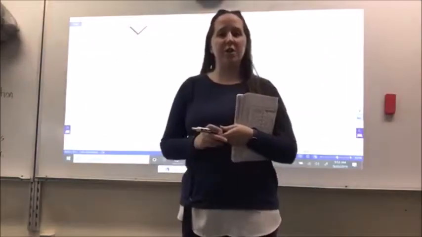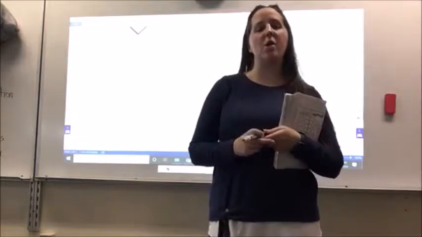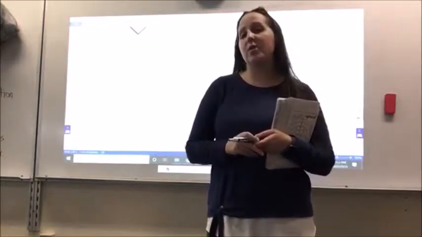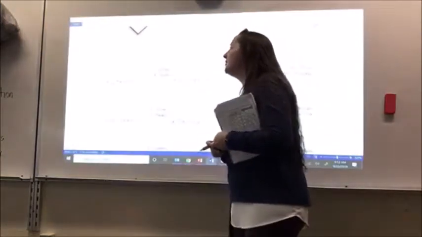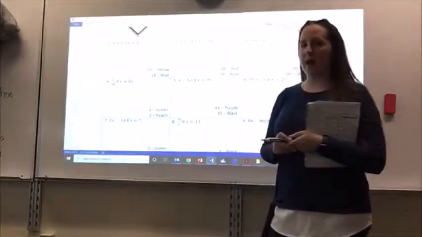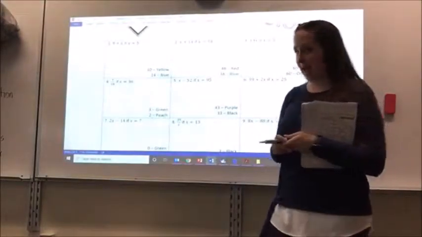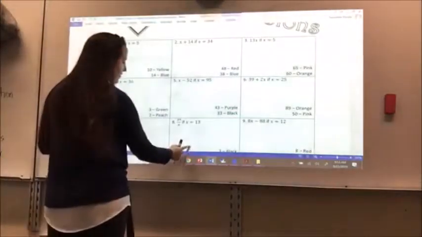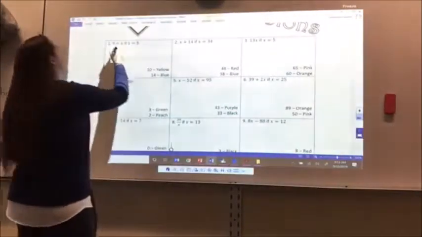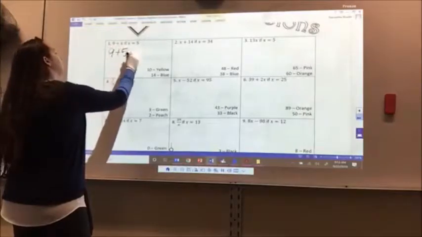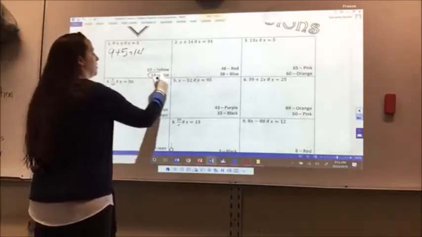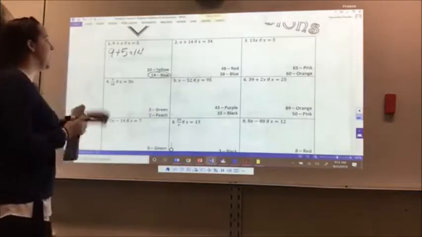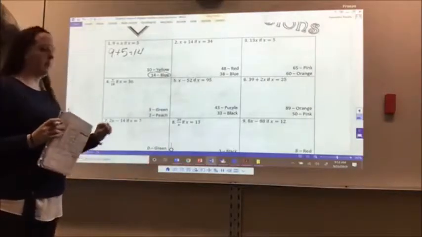All right, now that you've had a chance to try out the try it problems, let's go over the answers together. Number 1 says 9 plus x if x equals 5. So I substitute in 5 for x, so I get 9 plus 5, which equals 14, which means I color anything that has a 1 in it on my coloring page blue.